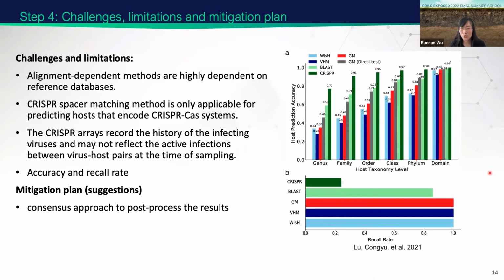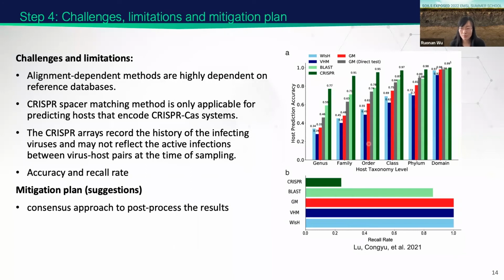So those tools do a relatively good job on predicting host phyla, but when it comes to the order or lower levels, the accuracies of some of the alignment-free methods were lower than 0.5.